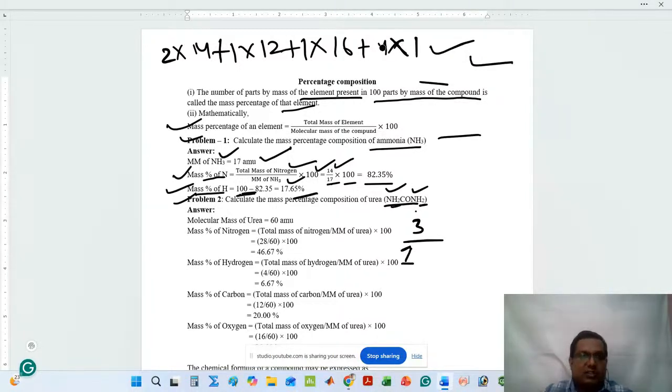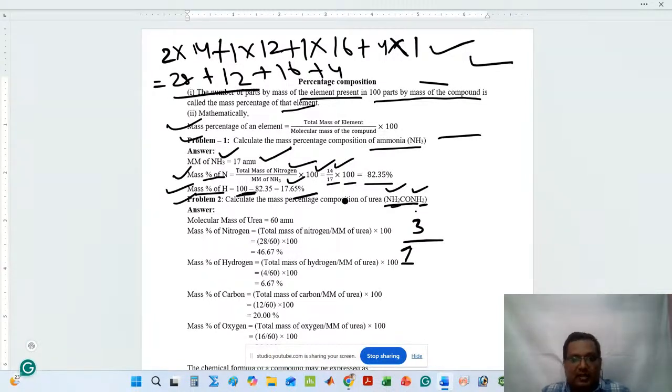Now calculate. This is 28, this is 12, this is 16, this is 4. After addition, you can find that the value is 60 AMU. Here we can conclude that the molecular mass of urea is 60 AMU.